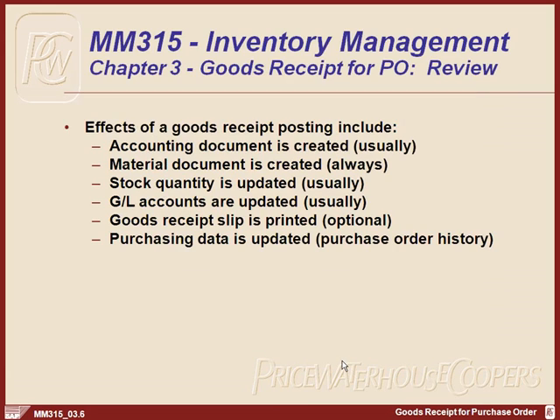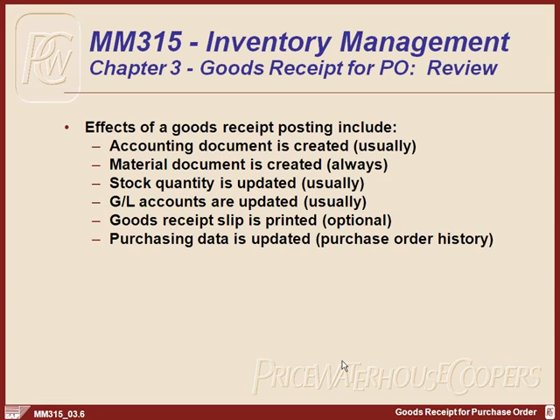Okay. Now, ideally, this is what is happening. Effects of goods receipt: an accounting document and a material document will be created. Material document, take it for granted always. Accounting document, most likely, provided there is any financial impact. Stock quantity is normally updated if it's a stock material. GL accounts are normally updated if it's a stock material.